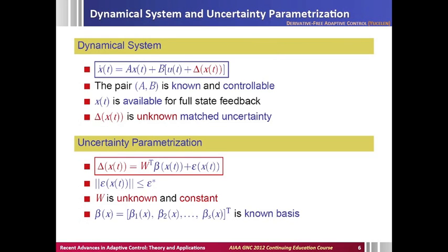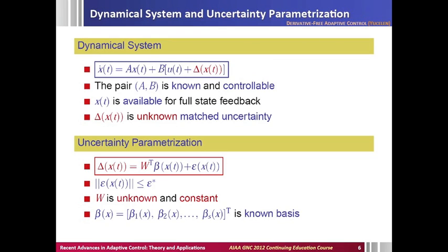So once again, A and B are unknown and controllable, and here X is available for full state feedback. And tomorrow I will also talk about output feedback derivative-free adaptive control.